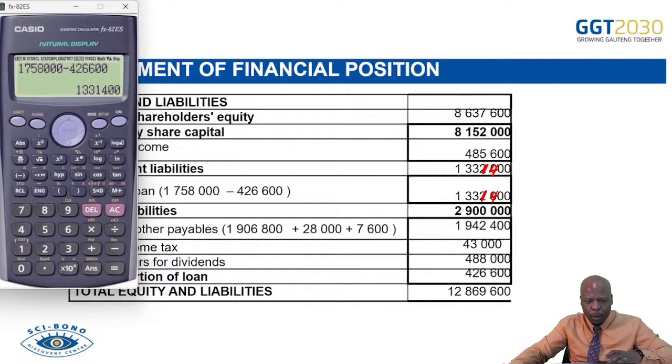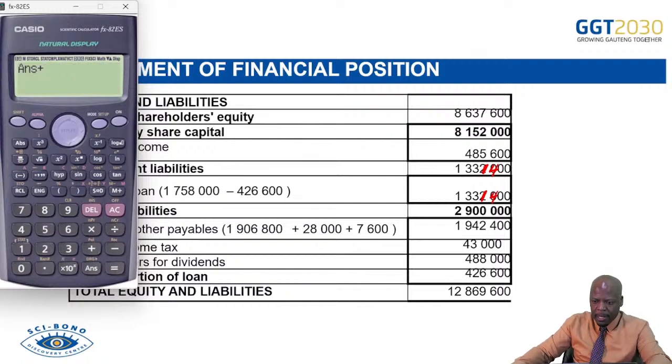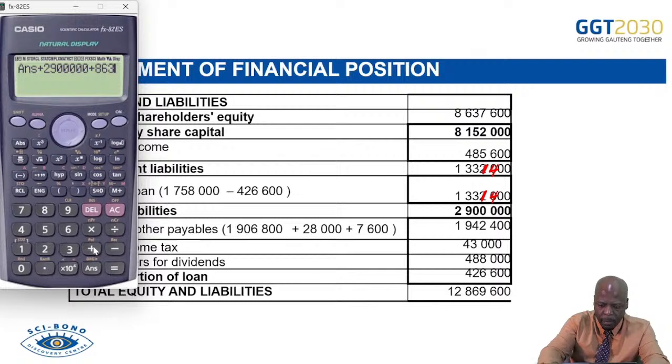To get that, we say 1,331,400 plus the current liabilities, which is your 2.9 million, and then again plus your 8,637,600.